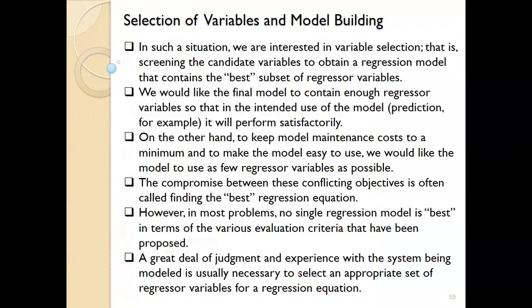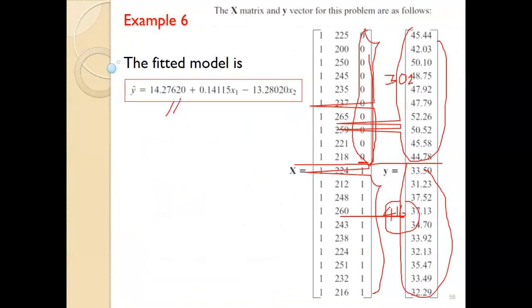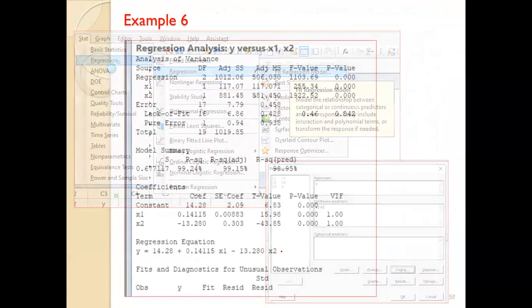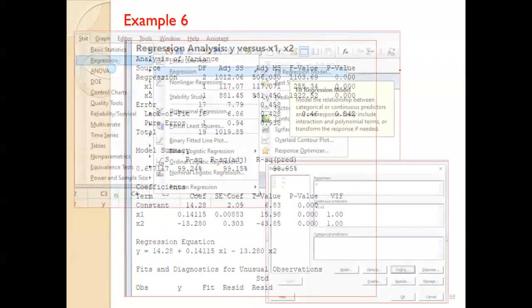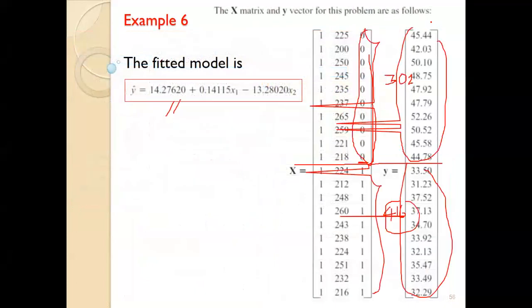You fit the equation, and this is the equation; it's the same in Minitab. You can check by substituting x2 equal to 0, and the y value should be equal to this. You can fit it by this equation.